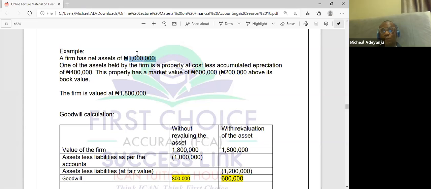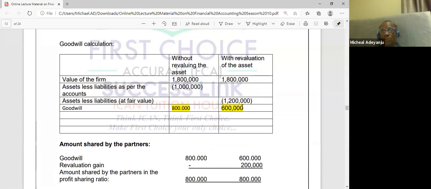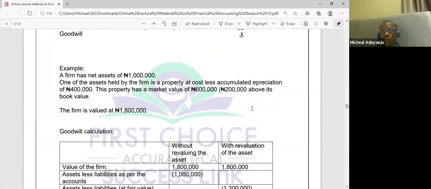Meanwhile, when they revalue it, the 400,000 should be 600,000. So if you remove 400,000 and add 600,000, it is going to give us 1.2 million. Or you just add the 200,000 to this 1 million, it is going to give you 1.2 million. And the 1.2 million is now the new fair value, which is still less than the value of the firm. So the difference between the value of the firm and the net assets at fair value is known as goodwill.